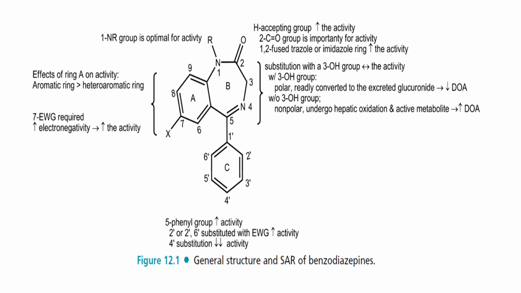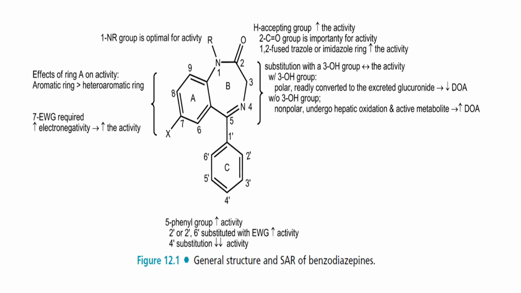In ring B, which is called the diazepine ring, saturation of our 4 and 5 double bond, or a shift of the double bond to the 3 to 4 position, will decrease activity. Alkyl substitution at the 3 position also decreases activity, while substitution with a 3-hydroxyl will not decrease activity.